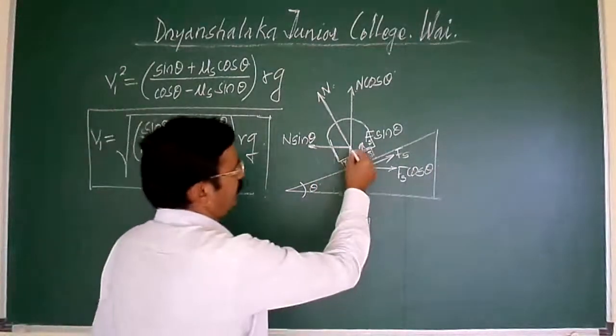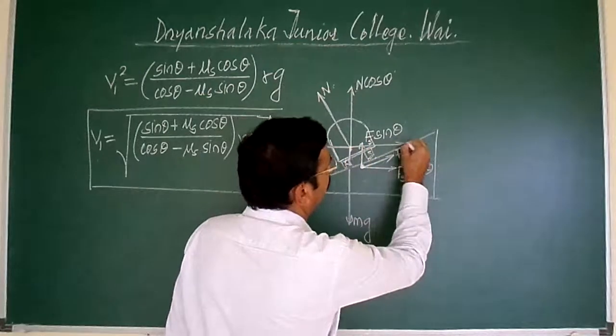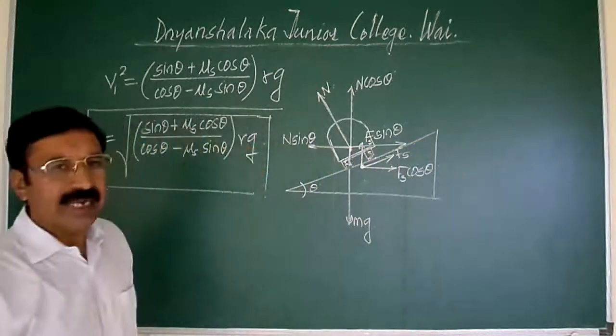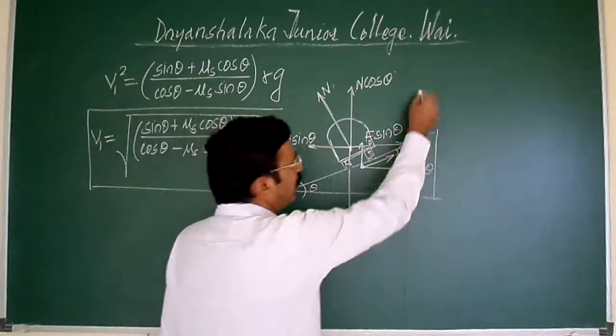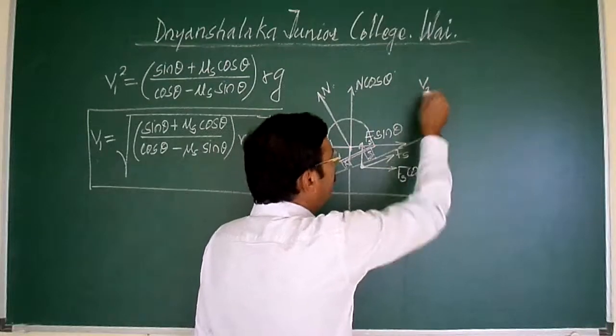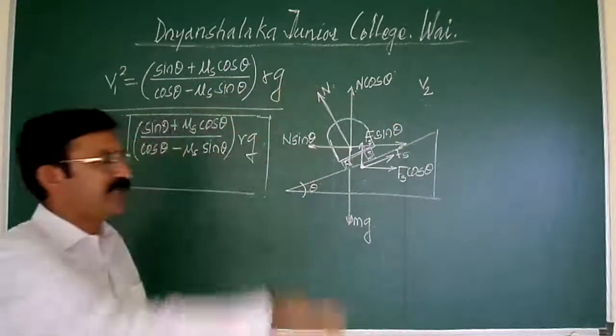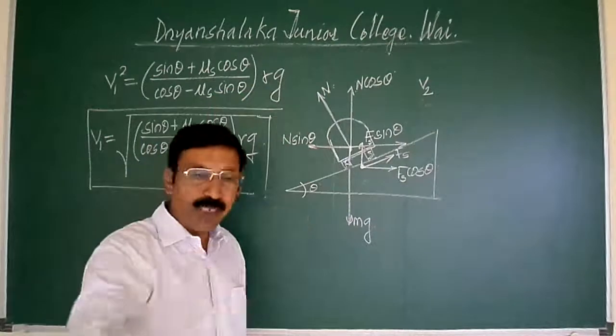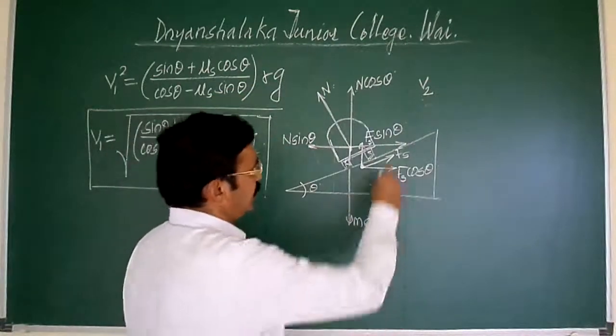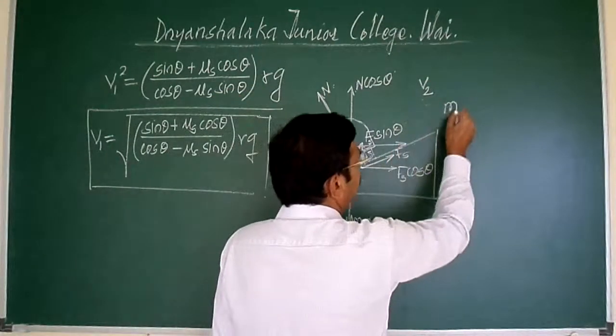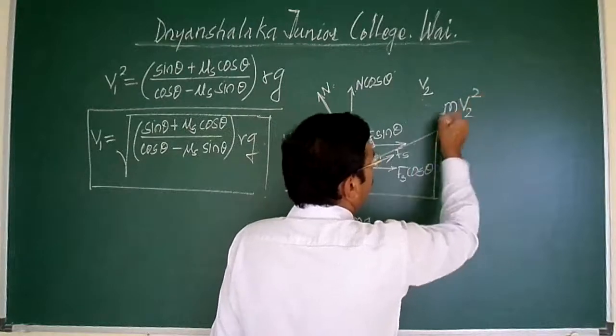Along with this, let us consider v2 as the speed with which, or velocity with which, the vehicle is moving, which is minimum. There the centrifugal force will be m v2 square upon r.